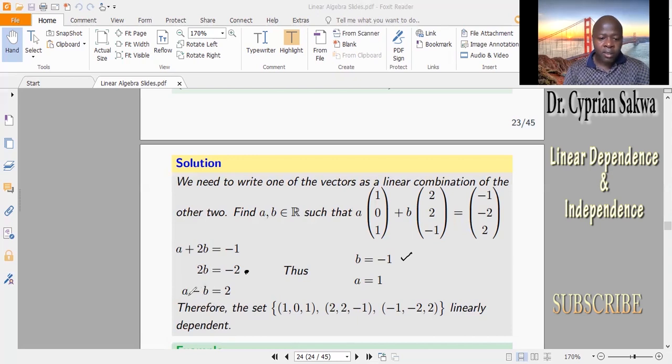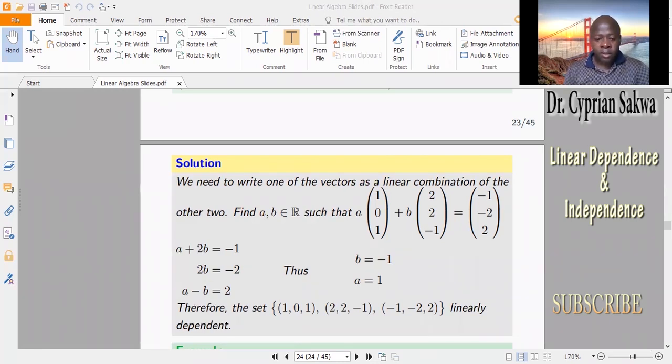If B is negative 1, then we have A plus 1 equals 2, which means that A is 1. So you can see that it's true that this vector can be written as a linear combination of these other two vectors. And therefore, the three vectors given to us are linearly dependent. So that is when we use our first definition.